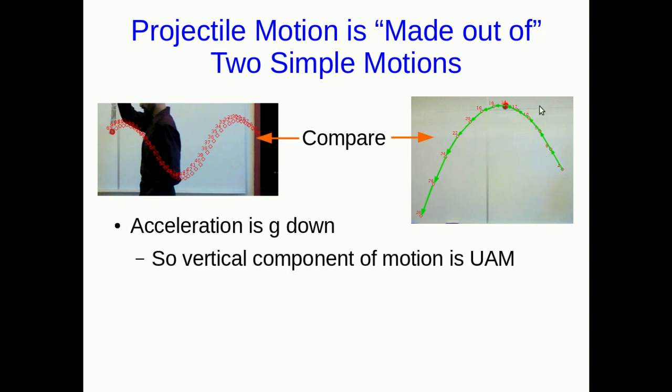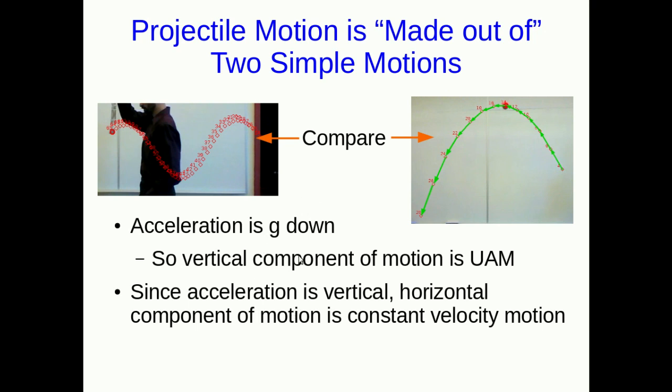It's simply when free fall isn't along a straight line. So the vertical component of the motion is going to be uniformly accelerated motion because there's a constant acceleration. But since g is straight down, that means there is no horizontal component to the acceleration vector, and that means that the horizontal component of the velocity vector is going to be constant.